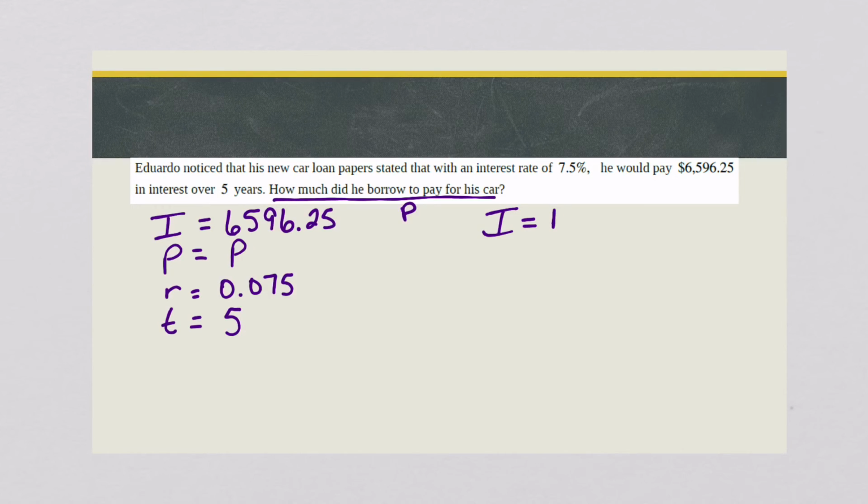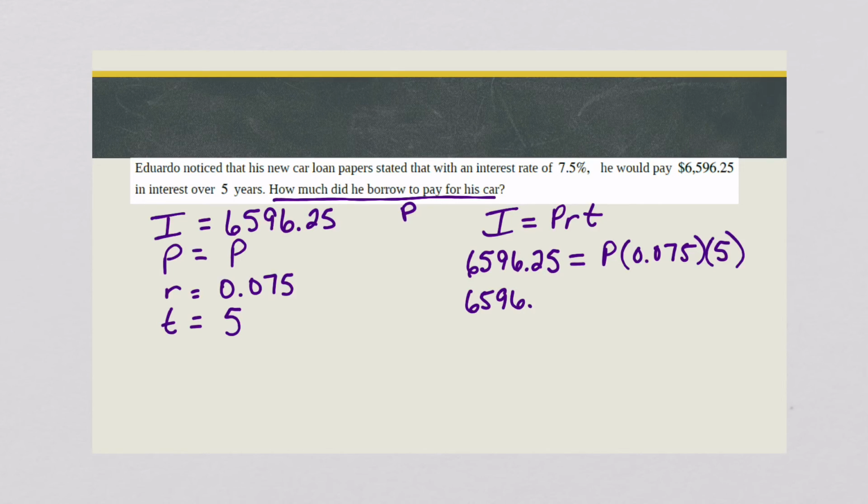So using the simple interest formula, $6,596.25 is equal to P times my rate as a decimal times my years. So on my calculator, I'm going to type in 0.075 times 5, and I get 0.375.